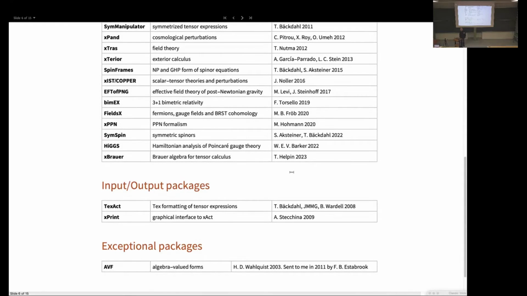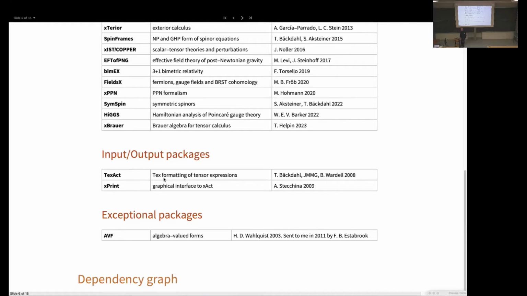A recent one, a few months ago, is a package for Brauer algebra. So to handle representations of the orthogonal group. This is great to handle tensors with symmetries and also their traceless parts.